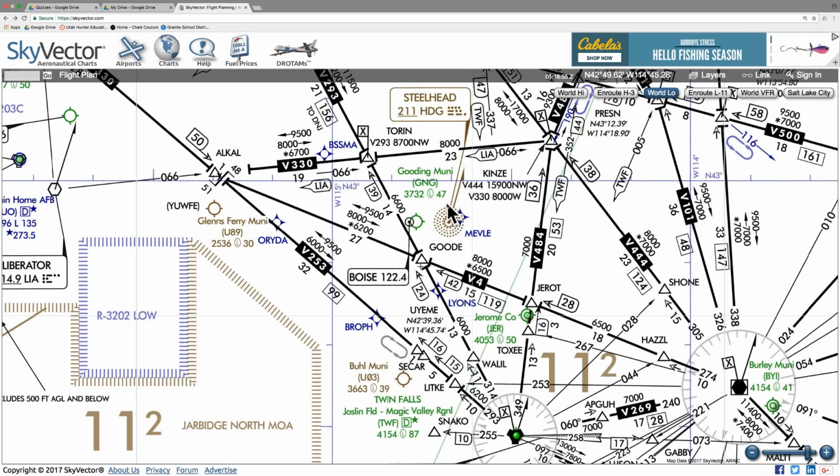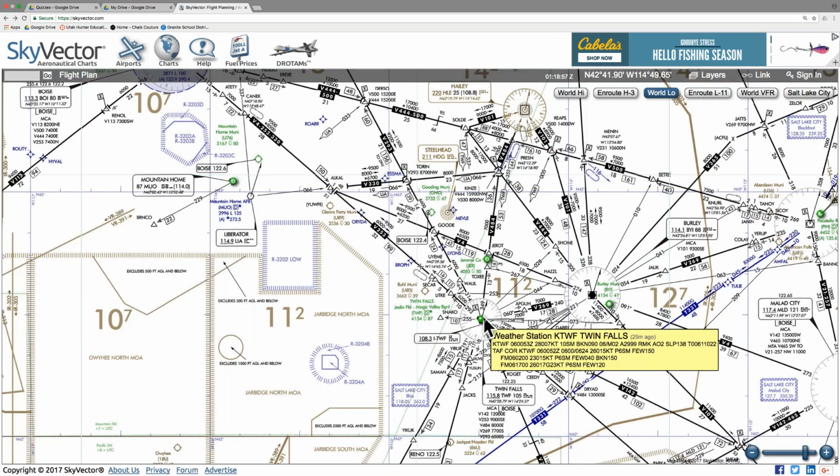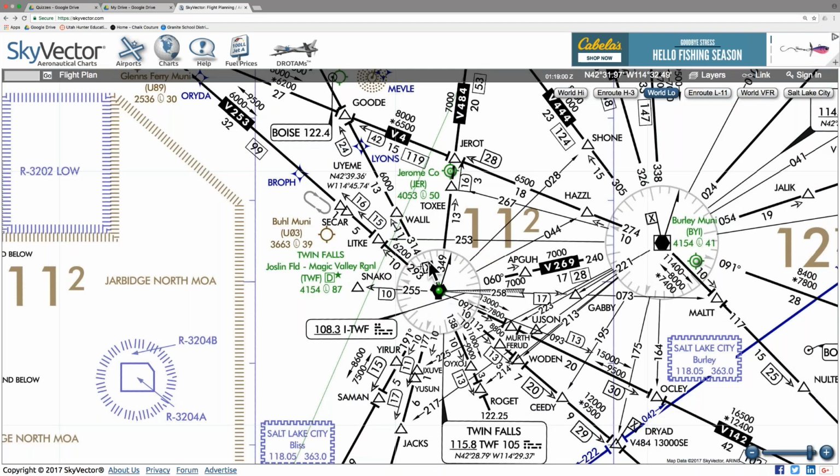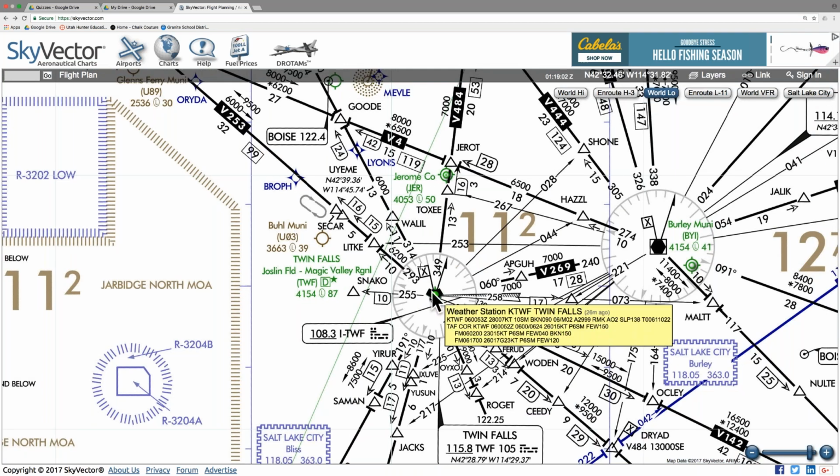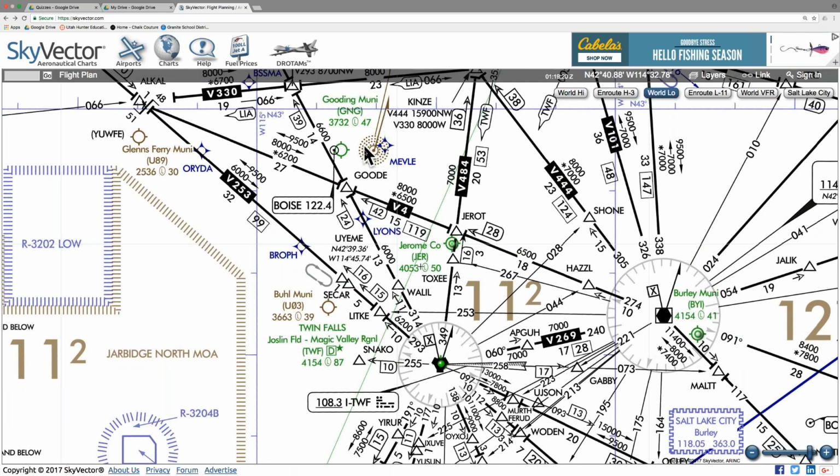And the reason why is because a VOR, if you look at this VOR, a VOR is an NDB that sends out radials. It sends out a signal saying this is what radial you're on. So we can use it for actual navigation. With an NDB you just kind of get a mileage off of it, like a DME.